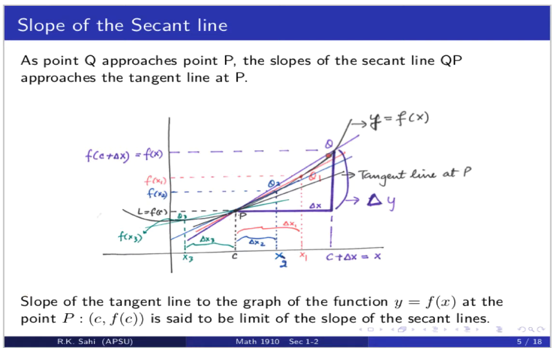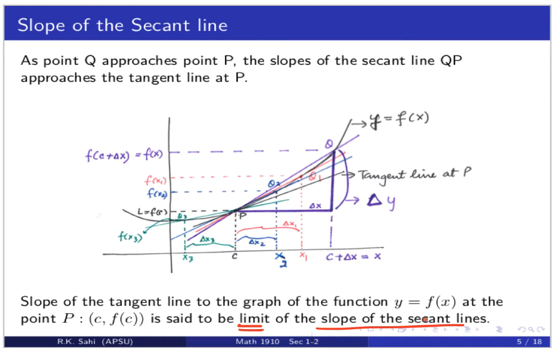What we notice is that the slopes of the secant lines, depending upon where these points Q are on the curve y equals f(x), start to come closer to the slope of the tangent line when these points Q are closer to the point P. So what we say in mathematics is that the slope of the tangent line to the graph of this function is the limit of the slopes of the secant lines.